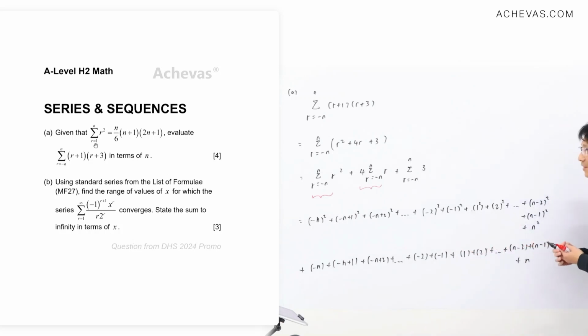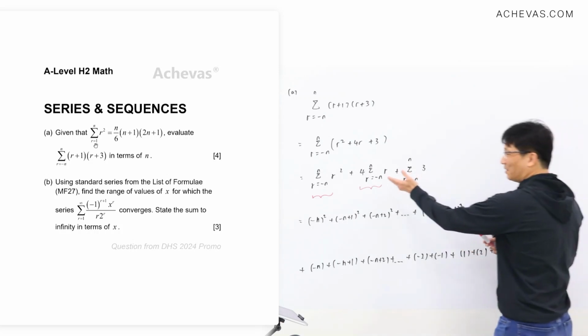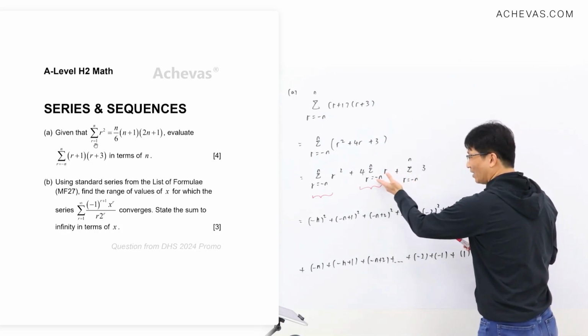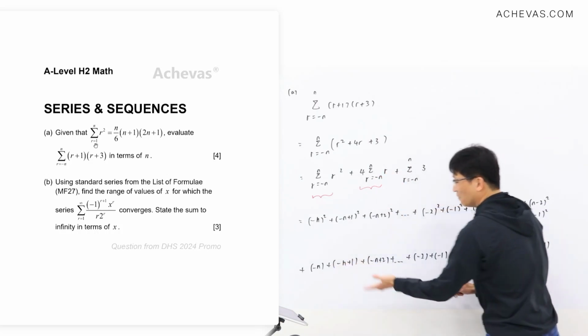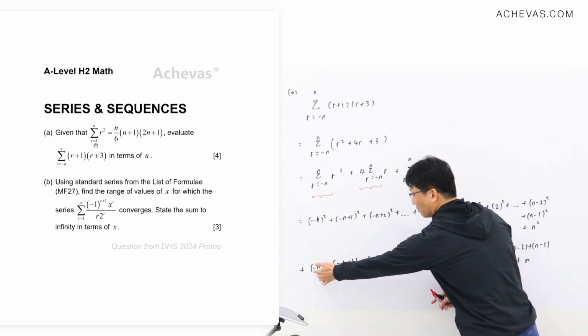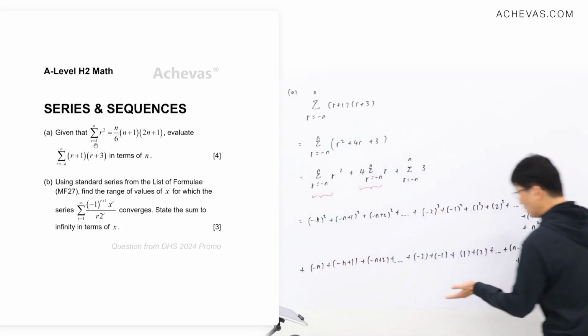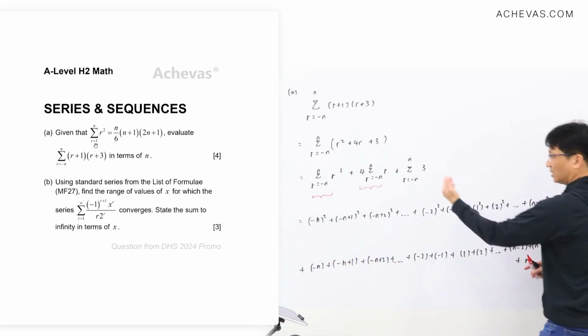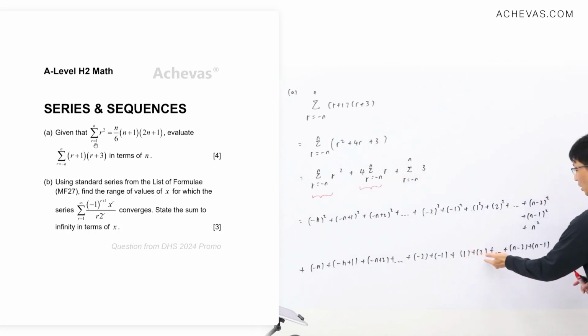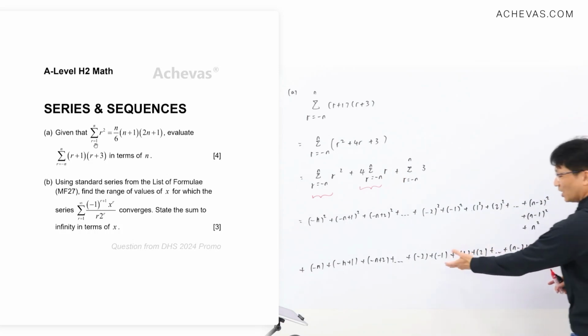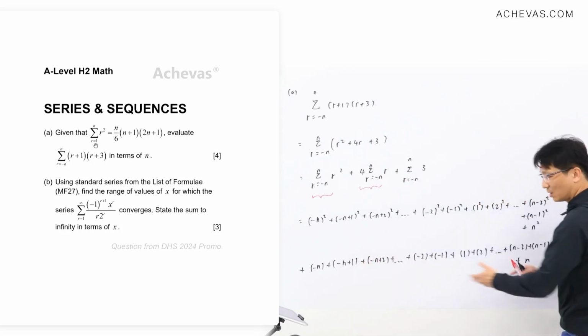If you can recognize something, what happened when I'm putting in the values from minus n all the way to 0? I get this particular expression, which involves all the negative values: minus n, minus n plus 1, and so on. After it passes the 0th term, it ends up as positive values, 1, 2, 3, all the way until n minus 2, n minus 1, n, which happens to be the exact mirror image of the negative terms.